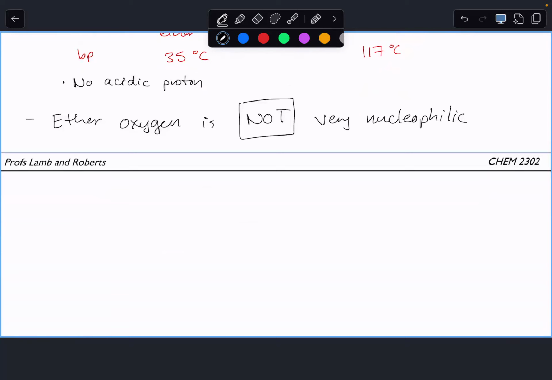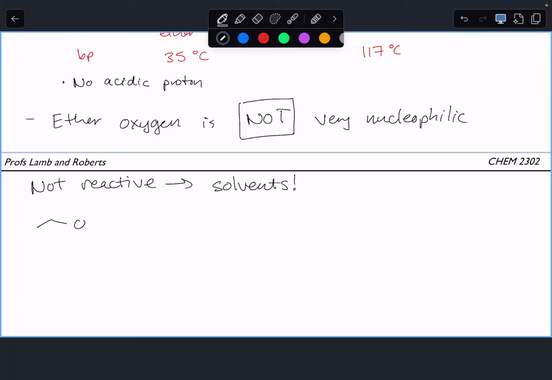So because ethers are not very nucleophilic, they're not very reactive, that means that they make great solvents. You've already learned about this actually in chapter 15 with the organometallic reagents. Professor Roberts mentioned that you often use organometallic reagents in ether solvents.